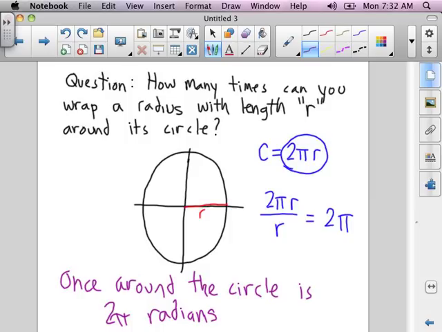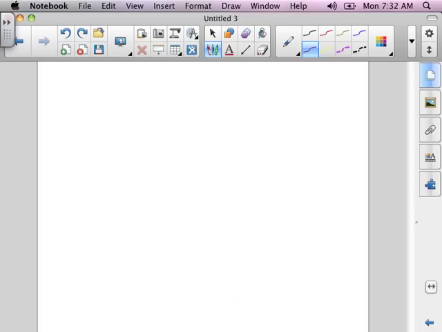Now, if you remember from degrees, once around the circle is 360 degrees. Well, it's 2 pi radians, too. So what we can also say is that 2 pi radians equals 360 degrees. So 2 pi radians is the same thing as 360 degrees. Those two are equivalent. They say the same thing.